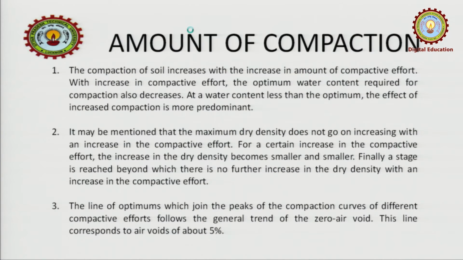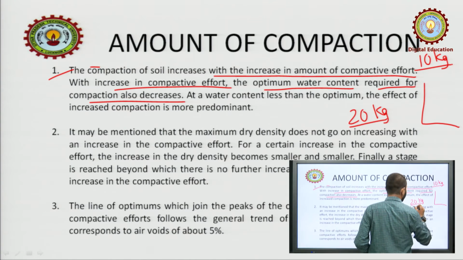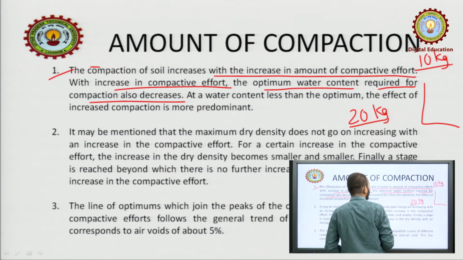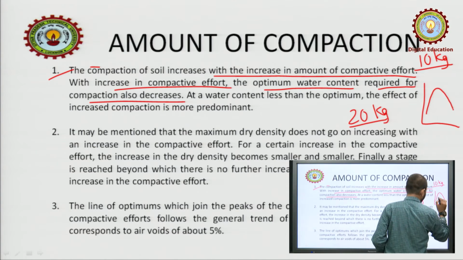Now, the amount of compaction, which is the second factor. The compaction of the soil increases with the increase in the amount of compactive effort. With increase in the compactive effort, the optimum moisture content required for the compaction also decreases. Means, if you first use a 10 kg rammer, and later increase it to a 20 kg rammer, the OMC will decrease.